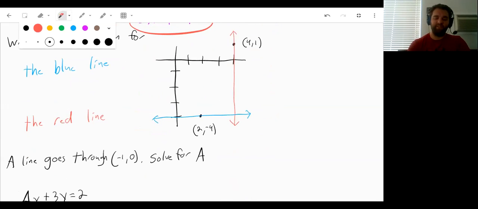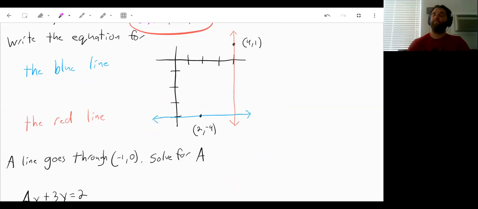And just like I promised earlier, we are now back to vertical and horizontal lines. So we now need to write the equation for our blue line, that horizontal line down there. Well, what do we know about the points on that line? This point right here has an x-coordinate of 2 and a y-coordinate of -4.